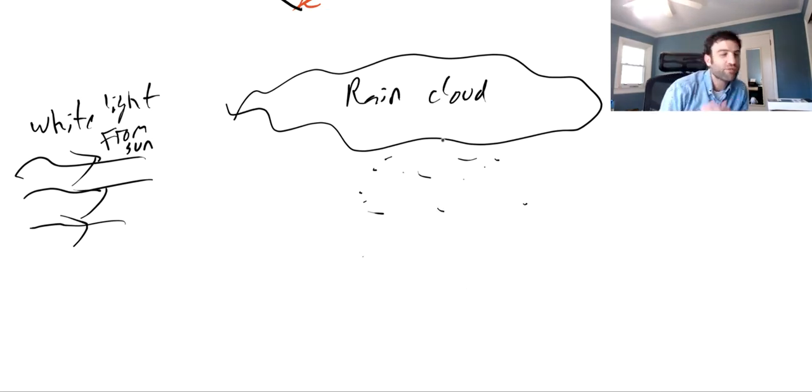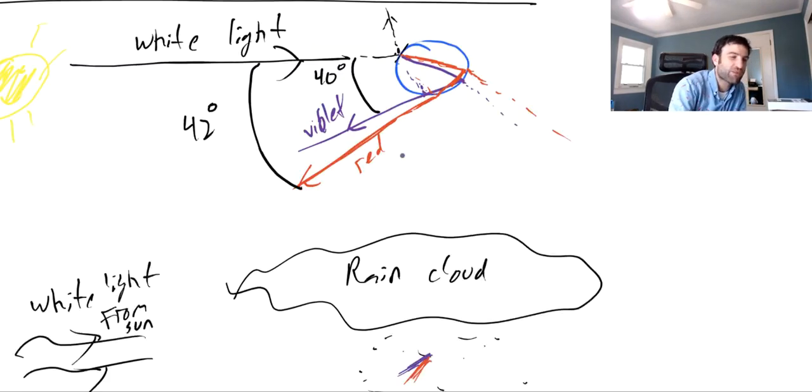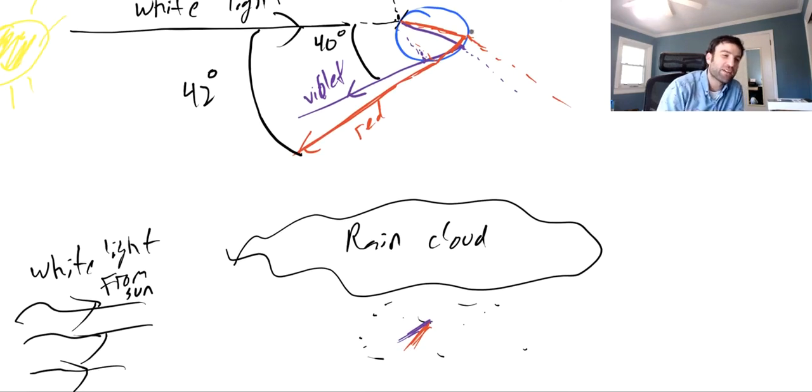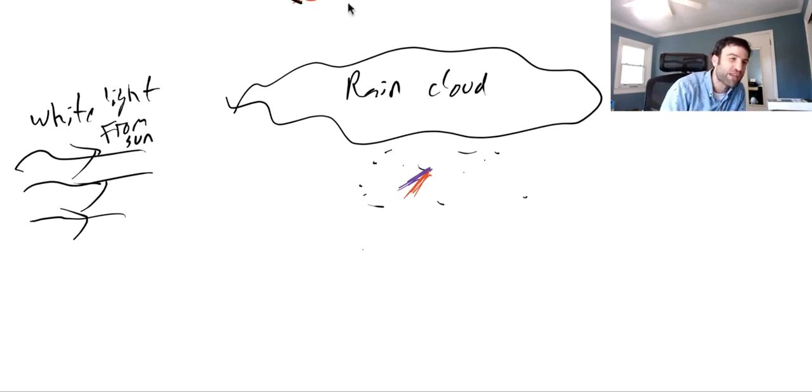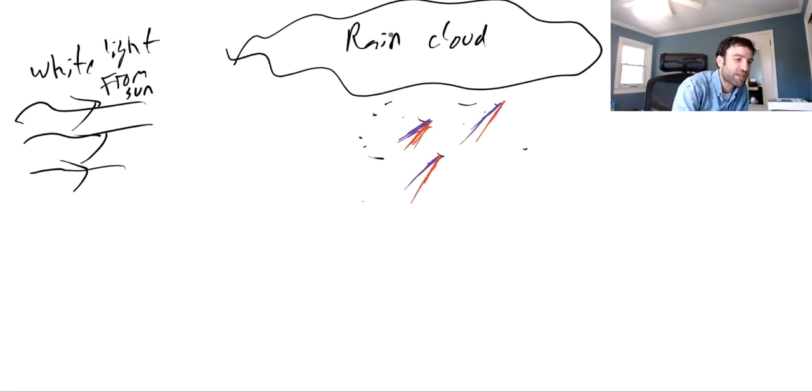And off of each of these drops of rain, as white light comes from over here and strikes each of these raindrops, there's going to be this whole process of light bouncing around inside each droplet, with violet light coming off at a 40-degree angle, red light coming off at a 42-degree angle, and all the other colors of the rainbow in between. Right? So each of these drops of rain have this kind of feature.